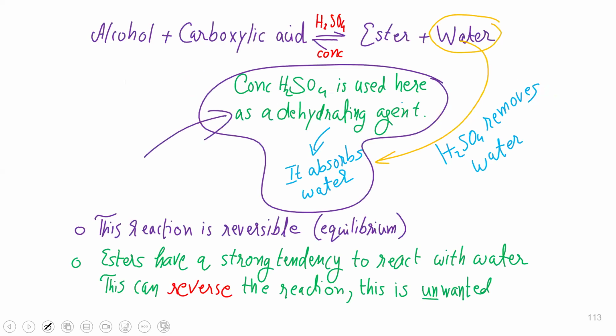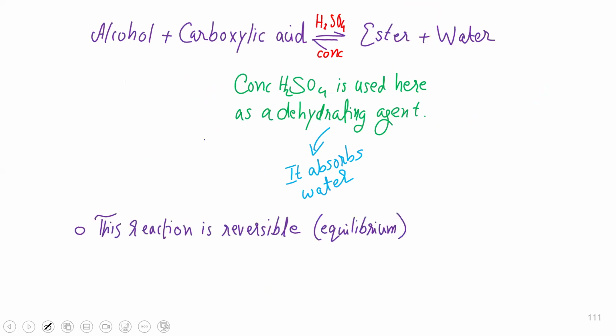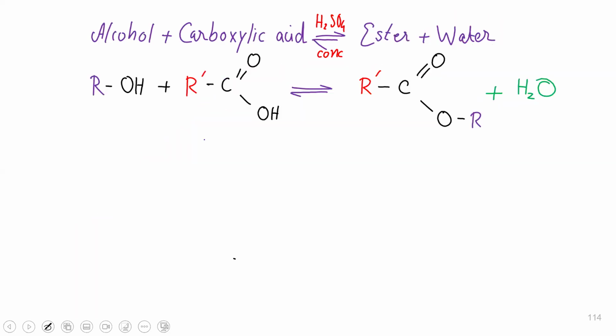So can you go back to the structural formula? Why does the R have an apostrophe? It means that it may be the same alkyl radical or maybe different, R and R prime.